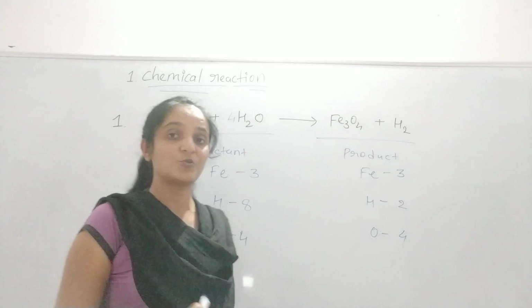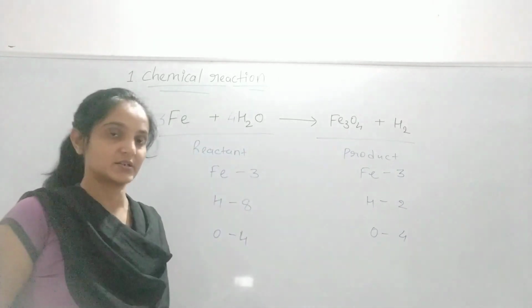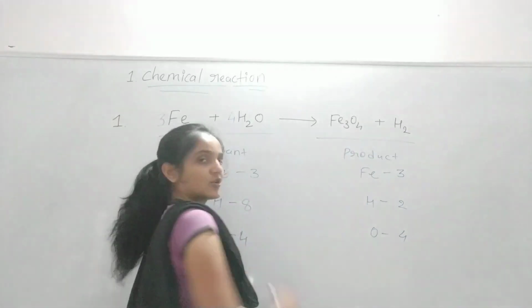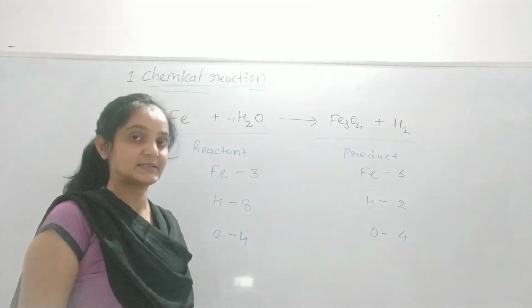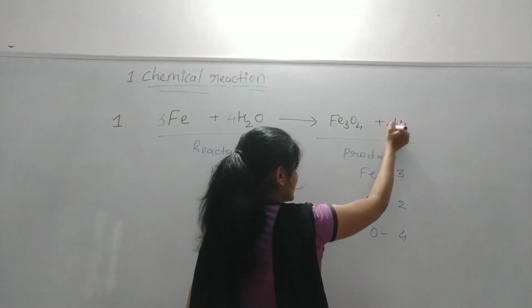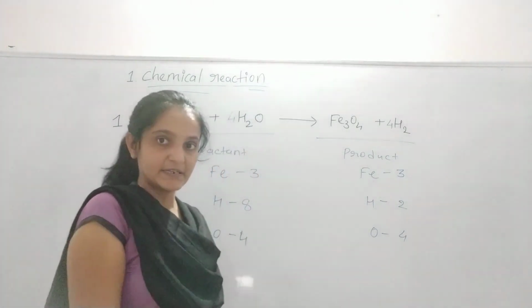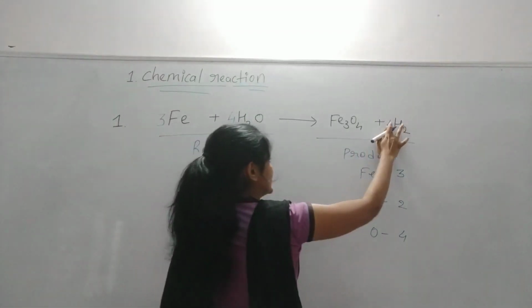So it means now we have to balance the number of hydrogen atoms in the product. So to balance the number of hydrogen atoms in the product, what can I do? If I put here 4, then 4 2s are 8. It means it is going to increase, right? So let's reduce the number.